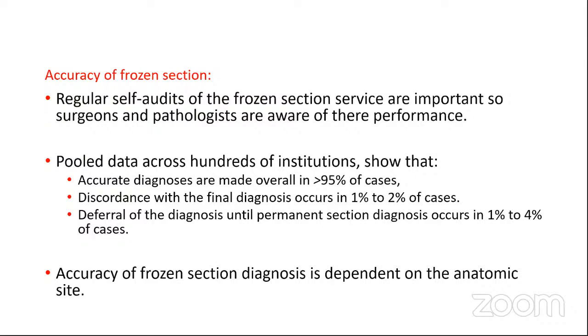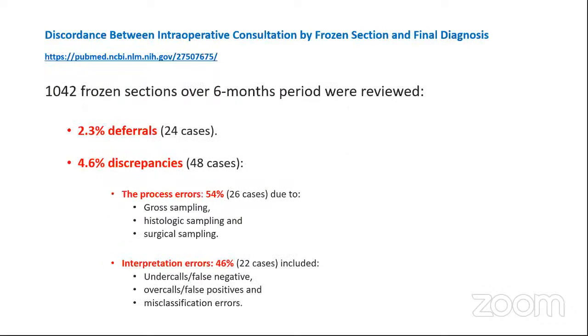Accuracy of a frozen section is dependent on the anatomic site, as some anatomic sites have a higher percentage of limitation in assessing the tumor, such as ovarian masses and brain tumors.